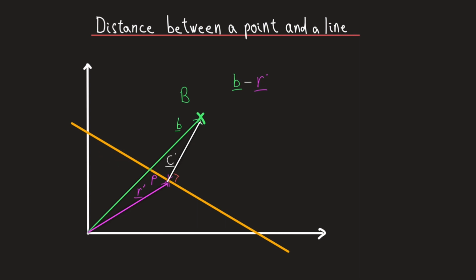And if the difference vector is perpendicular to our line over here, then we have found the vector which is associated with that distance. And if we can find the length of that vector, then we found the distance between the point and the line. And so essentially what we will be doing in the next video is determining the vector R prime such that this distance vector over here is perpendicular to our line.